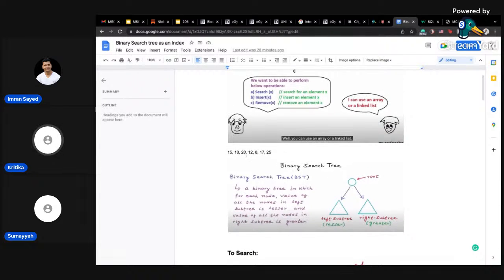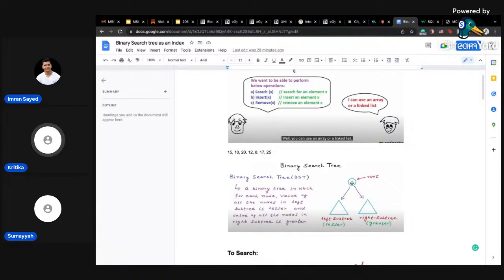So let's say you have a list of random numbers. What a binary search tree does is that it picks one number. If you arrange it in order, it'll pick the middle number, and the middle number will be the root.